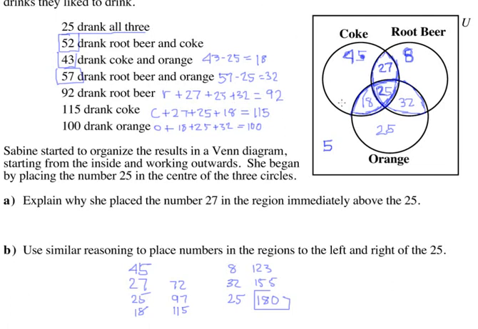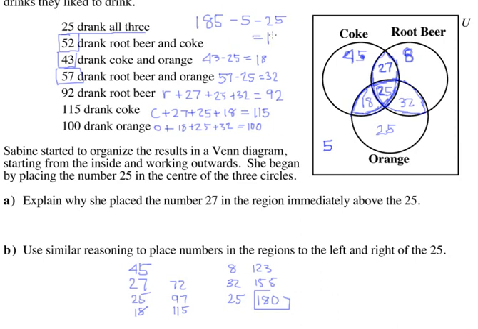If you're in the Coke circle or you're in the root beer circle, that's everybody in this circle, everybody in this circle. We could add up all those numbers, but I'm feeling lazy, so let's do it in an efficient way. There were a grand total of 185 people. How many of them don't do Coke or root beer? These 5 who don't like any of these 3 kinds of pop, and also these 25 who are orange fans only.